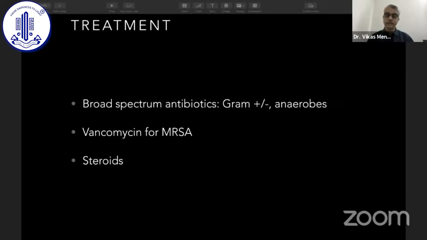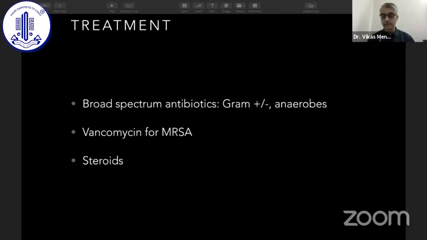And once the initial upswing has been stalled by giving IV antibiotics, then IV steroids have a significant role, which we normally start after 48 hours to 72 hours of starting antibiotics. And what it does is it actually reduces the tissue damage which can be caused just by inflammatory process itself, and it helps in quicker resolution of the edema.